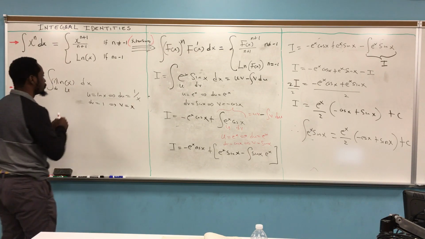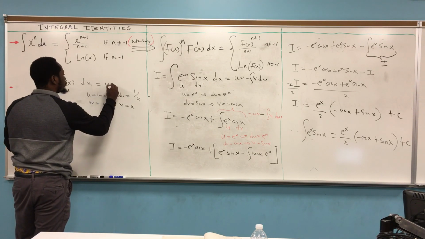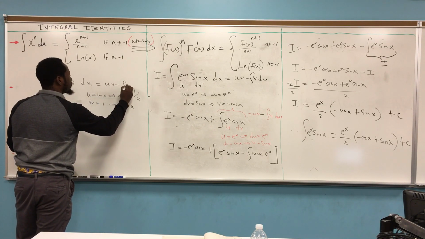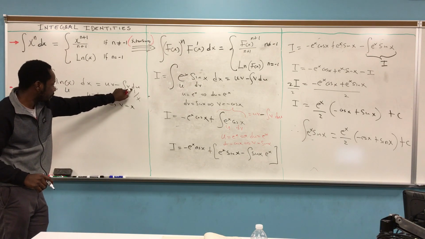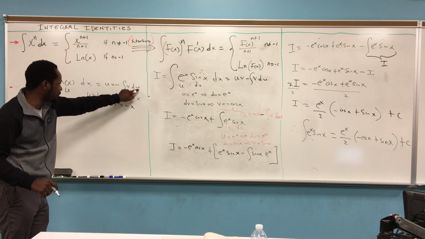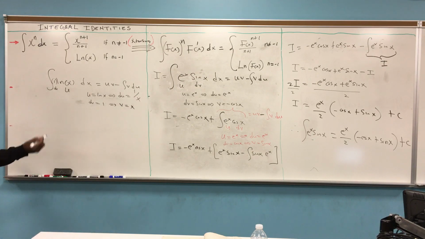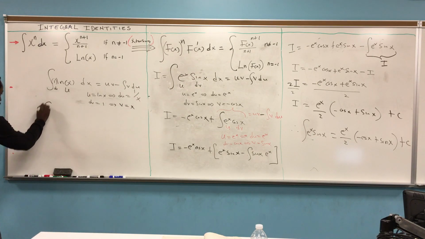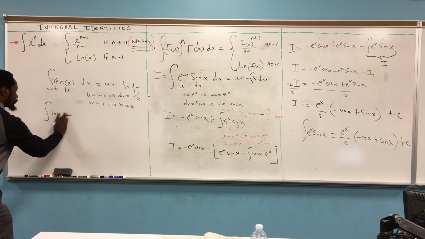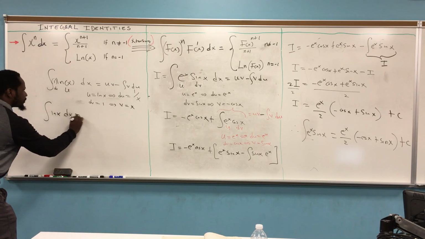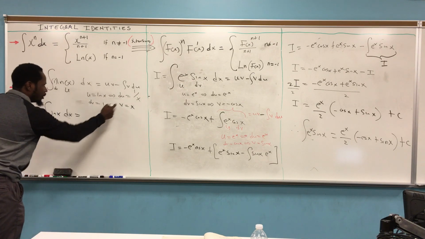So we're going to use uv minus integral v du. Now, the result of v and du is easy to integrate, and that's the key. So integral ln x dx is equal to uv.